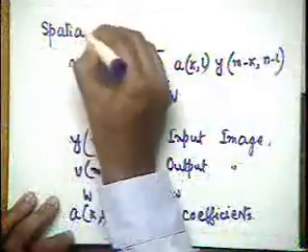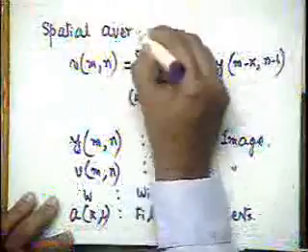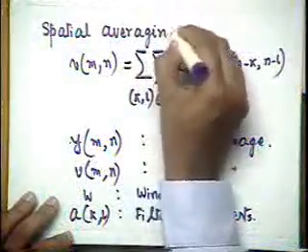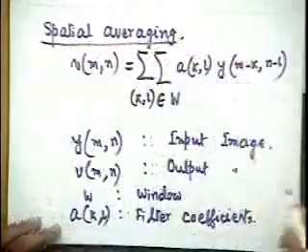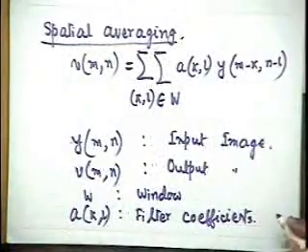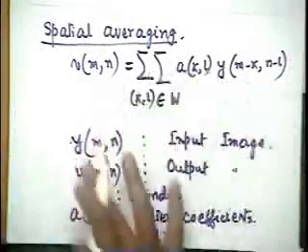It need not be an average in the true sense, but I am just adding up all the pixels. So this approach I will call spatial averaging. I think once I illustrate this with a very simple example, you will immediately understand what exactly I am trying to do over here.